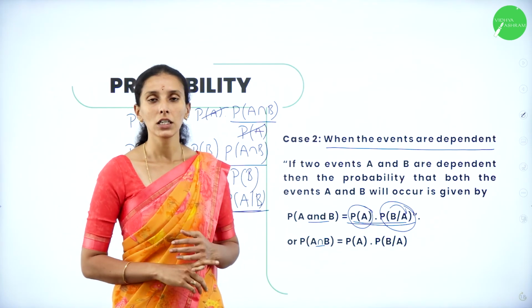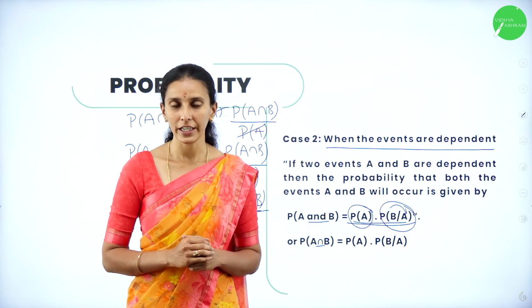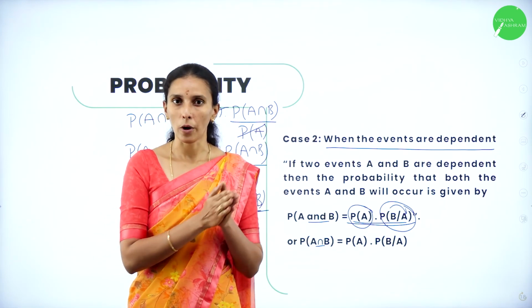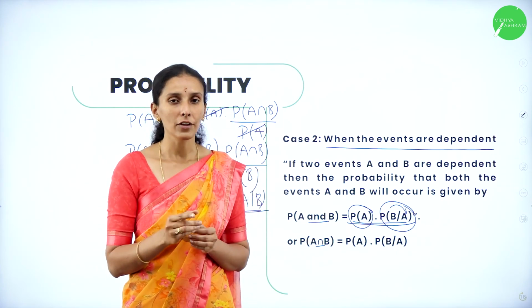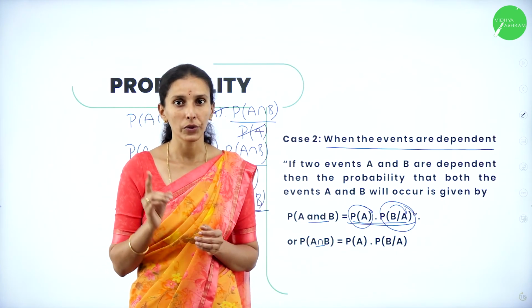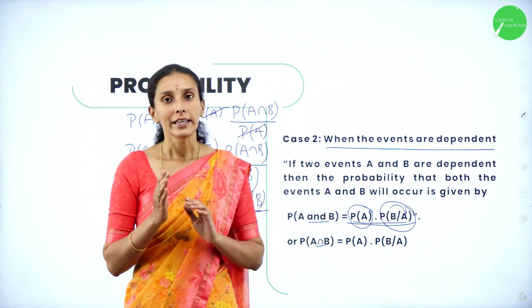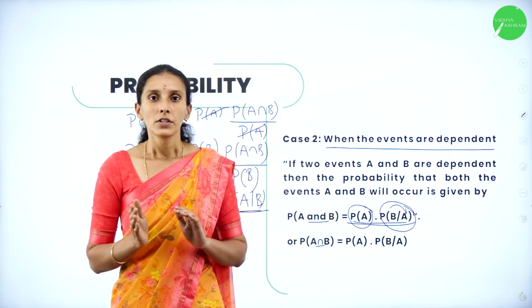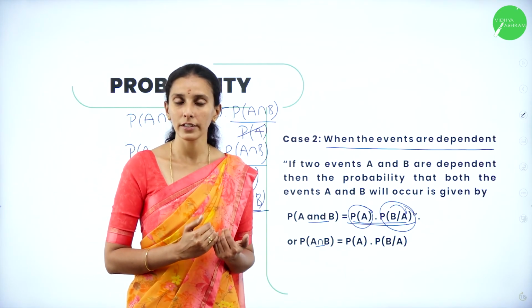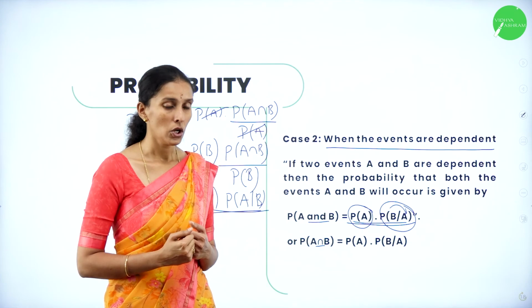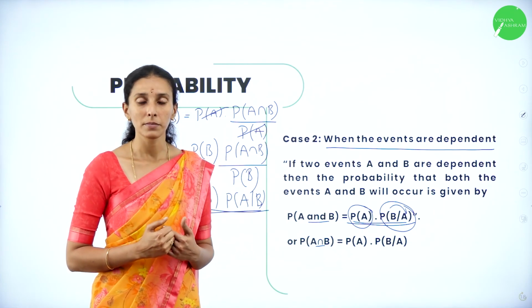We have learned some problems on complementary events. So make sure you know the property of complementary events as well as mutually exclusive events and the formula of P of A union B, that is the probability of either A or B. We have also learned many theorems, that is the addition theorem and the multiplication theorem. What does the multiplication theorem say?